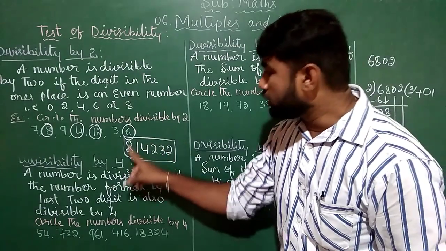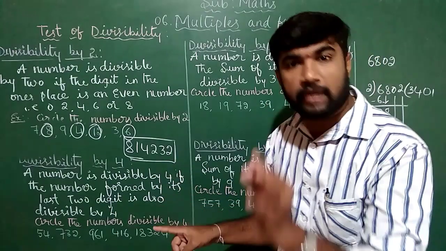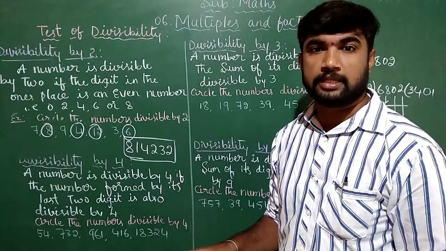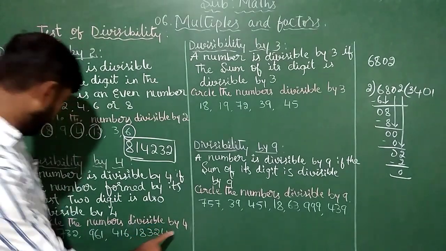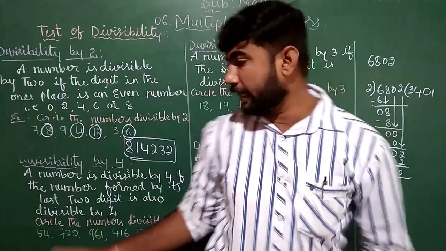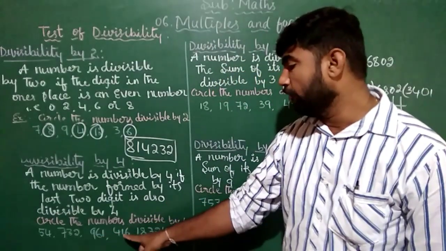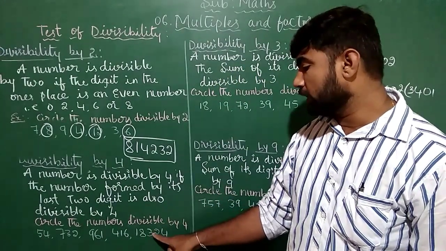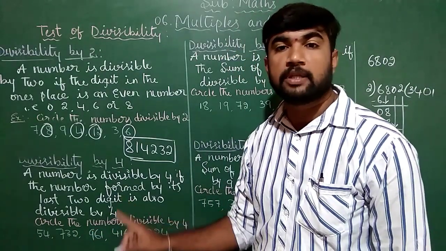Yes, so this total 8,14,232 is exactly divisible by 4. We can say so. Like that. Here, circle the numbers divisible by 4. The example numbers they gave are 54, 732, 961, 416, 18,324. We want to circle the numbers which are divisible by 4.